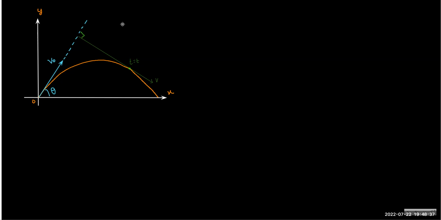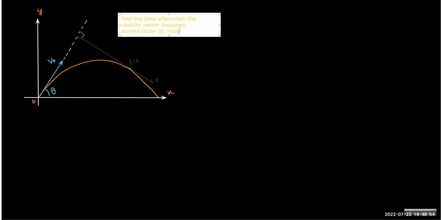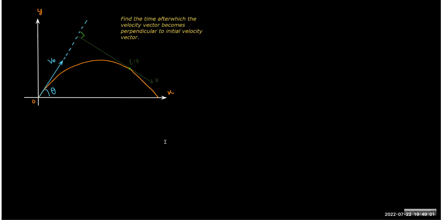The question is: find the time after which the velocity vector becomes perpendicular to the initial velocity. There are 1,000 ways to solve, but you can just solve by one or two ways. That's enough.